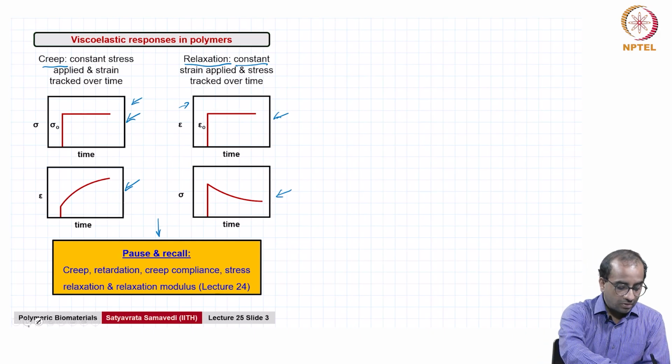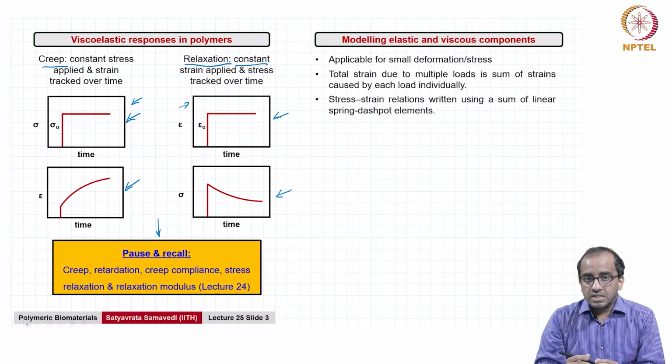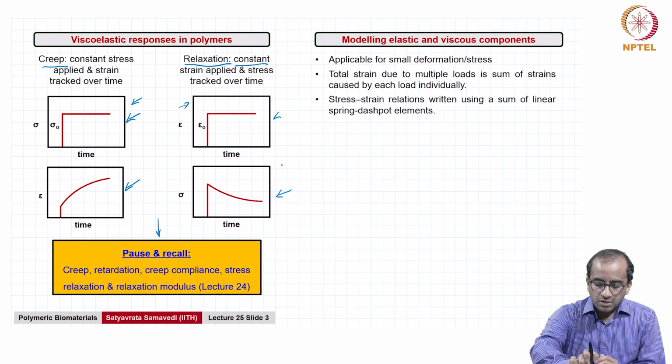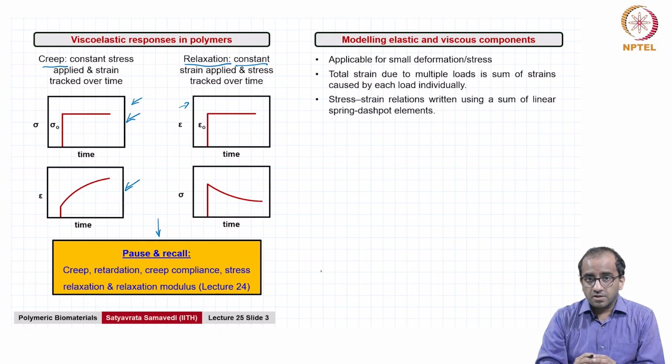With that background, we will first offer a few comments on the assumptions we are making. We first note that all of this applies to what you would call linear viscoelasticity.